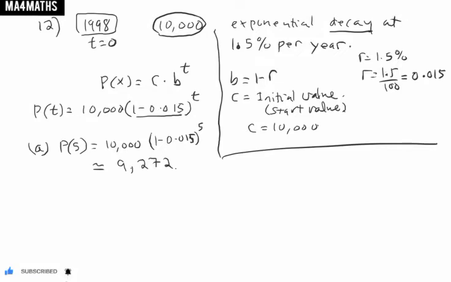If they're doing a population of something living, we can't have like 0.16 of a person. It's not realistic. So either round up or down. It's an estimate, so I am okay if you round up or down, even though this is not close to, for all intents and purposes, it's closer to 9,272.